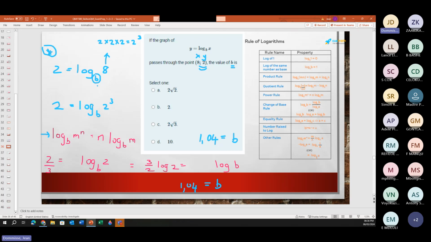Even if one says square root of 3 divided by 2, it also doesn't give us what we're looking for.